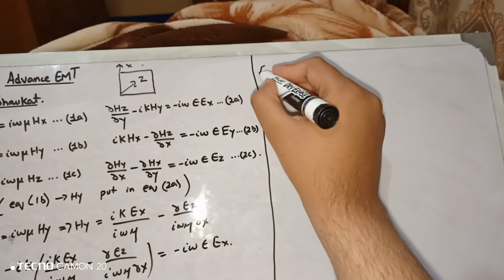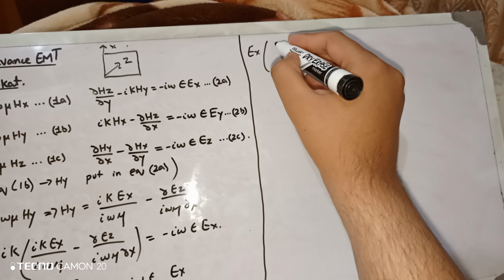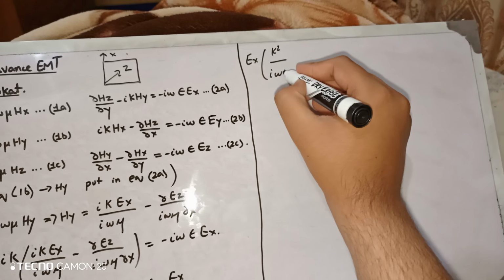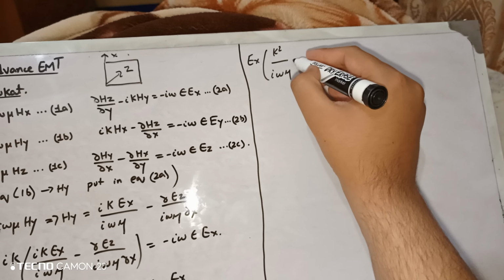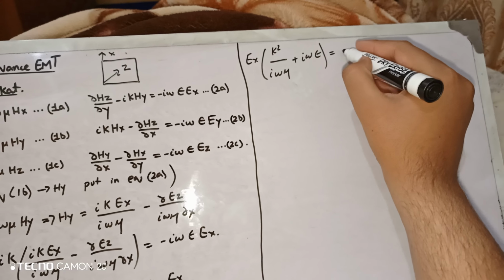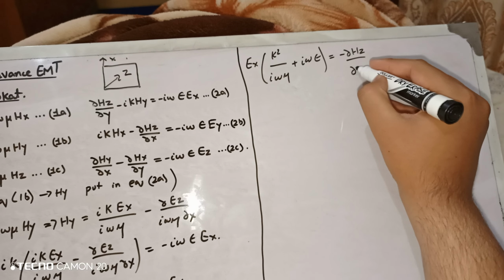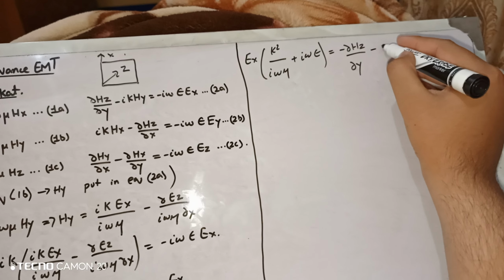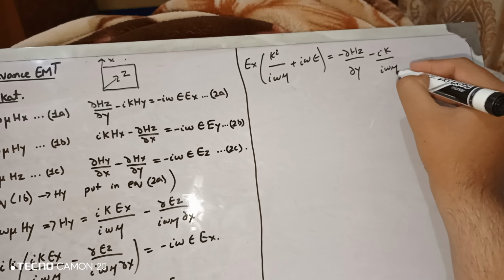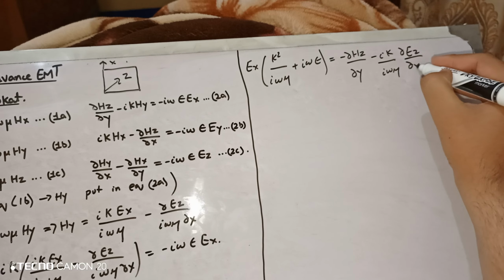By taking Ex common, we will be left with k square divided by iota omega mu plus iota omega epsilon, which then equals minus partial Hz divided by partial y minus partial k divided by iota omega mu partial Ez divided by partial x.